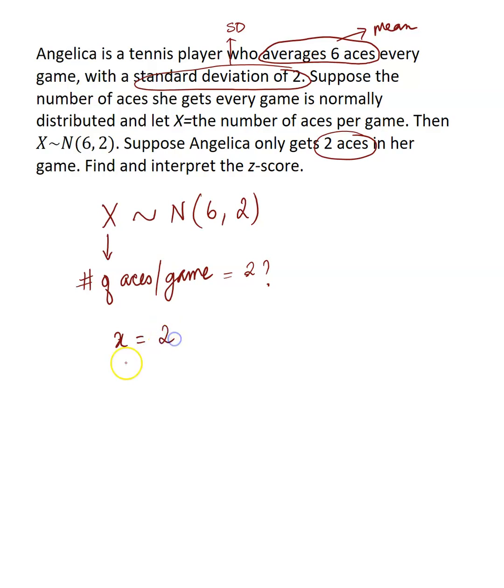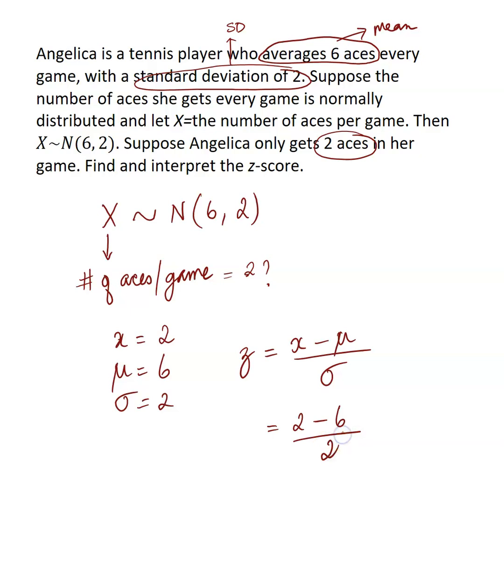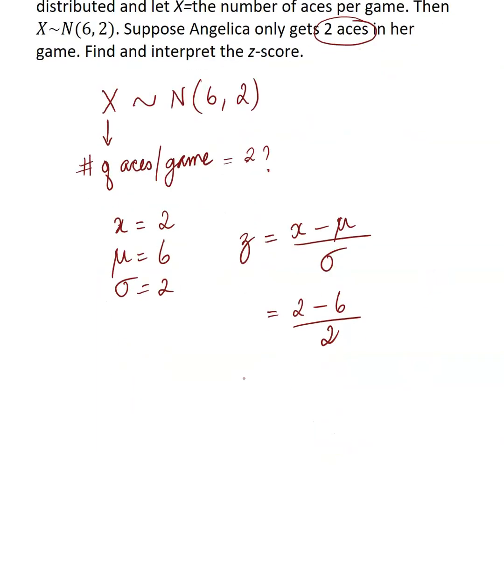So x is 2, mu is 6, and sigma is 2. So your z conversion says z is x minus mu over sigma, which is 2 minus 6 over 2. Okay, it's getting a little boring because we're getting back a -2. -4 over 2 is -2.